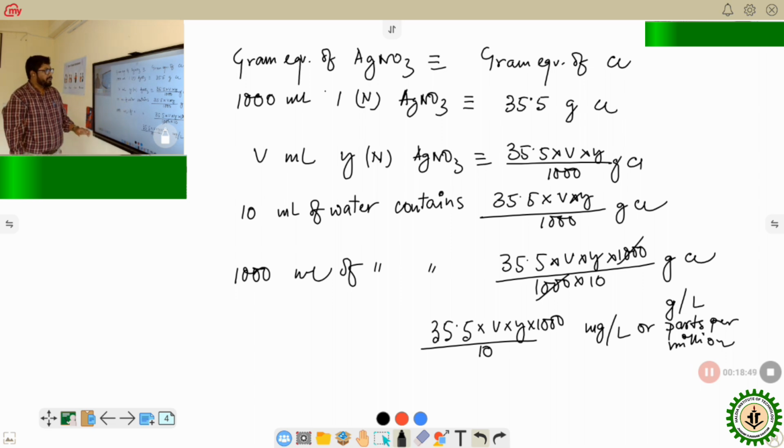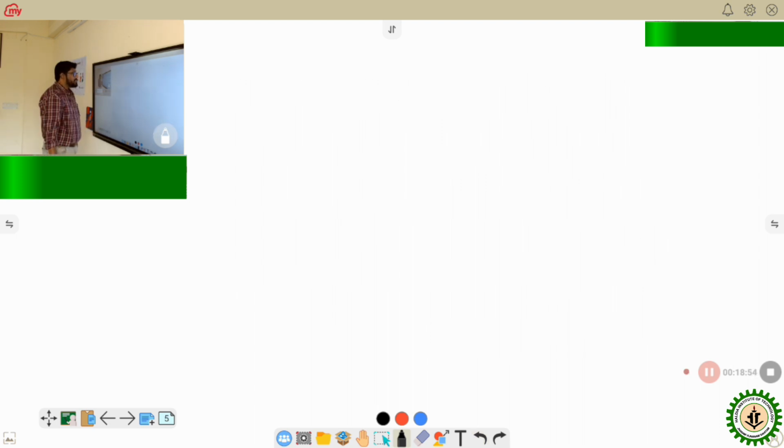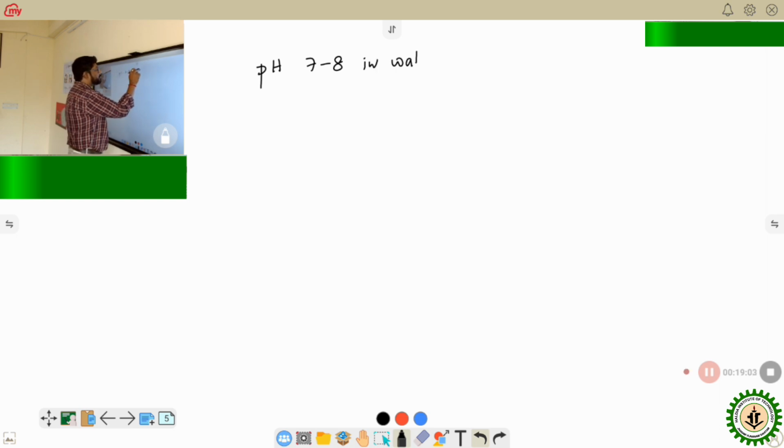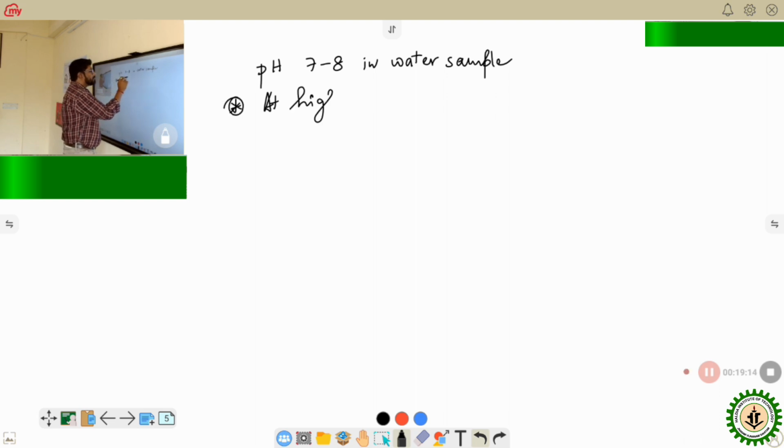sample. Two or three things you have to remember, because this process is only possible when you are maintaining a pH of 7 to 8 in the water sample. Because at higher pH, silver nitrate can form silver hydroxide.